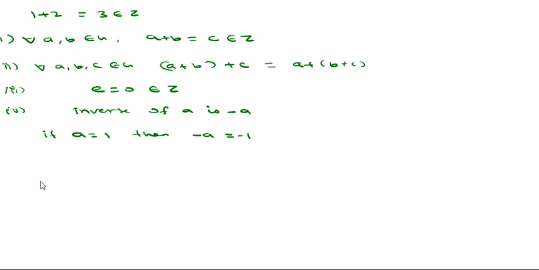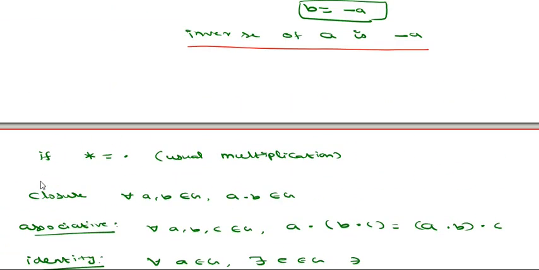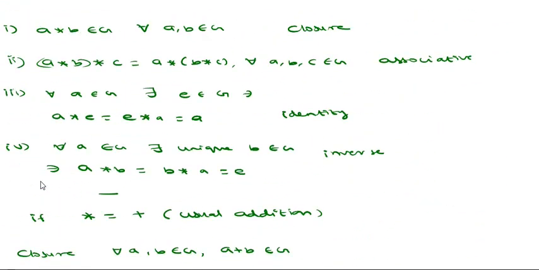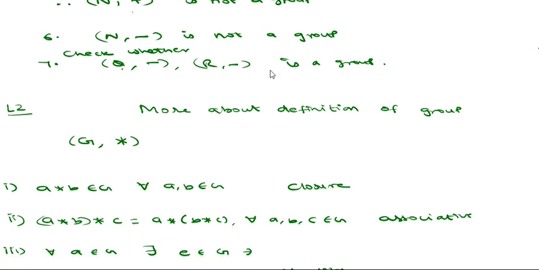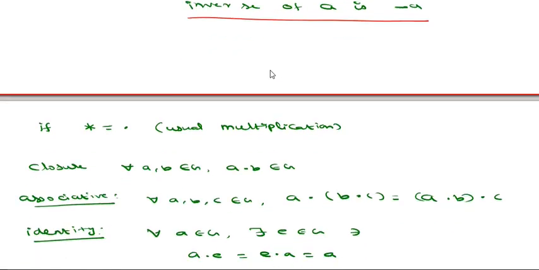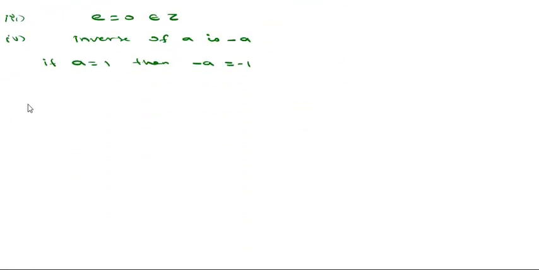So in the last video, we had some questions, so we will take those now. We have to check whether Q, the set of rational numbers under the operation subtraction, and real numbers under the operation subtraction, is a group or not.